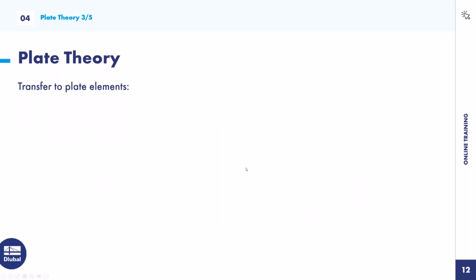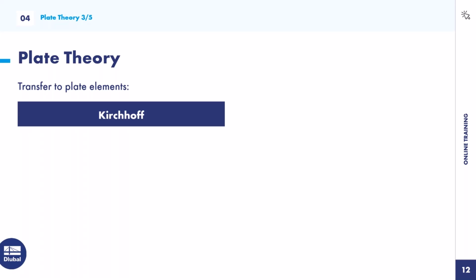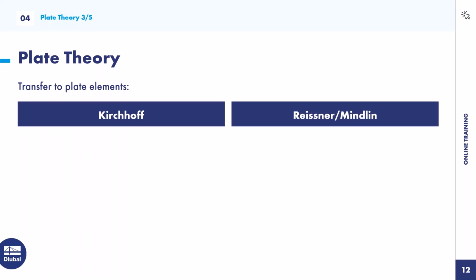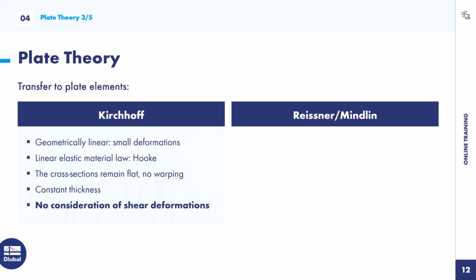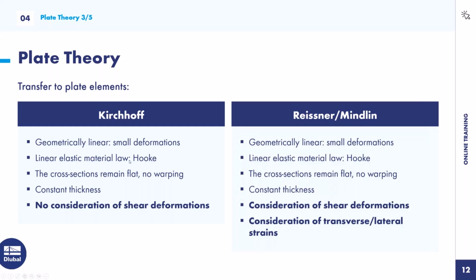This can be used completely for the plate theory as well. We have the Kirchhoff plate theory and the more exact Reissner-Mindlin theory. We have for both systems the linear elastic material law from Hooke.